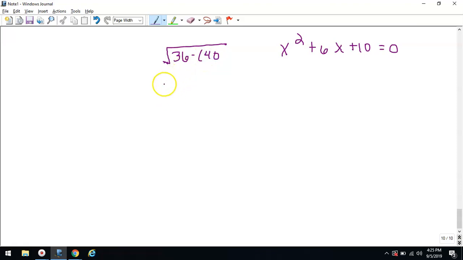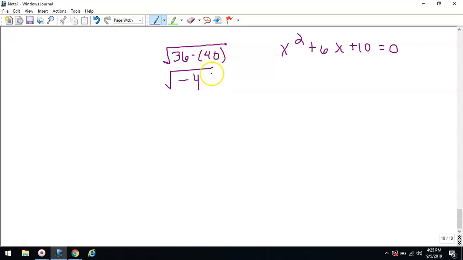So check it. We're going to get the square root of a negative number, negative 4. Is that right? 36 minus 40, I think so, negative 4. So we're not going to have any real solutions to this.